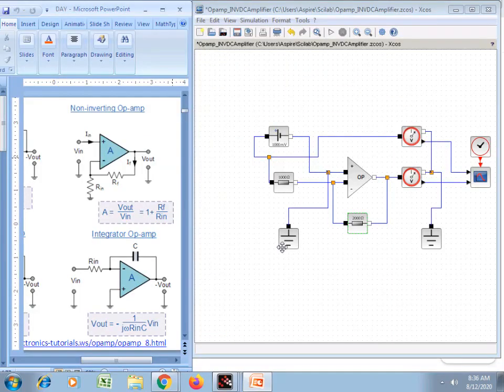Now I will make some changes to get this non-inverting amplifier circuit. The number of components or blocks that I need is already there in this window. I just need to rearrange the connections.